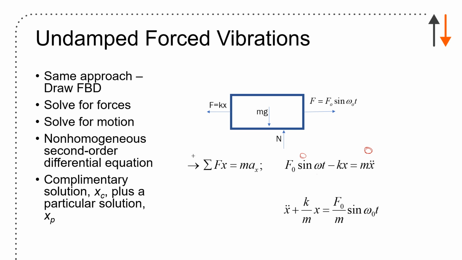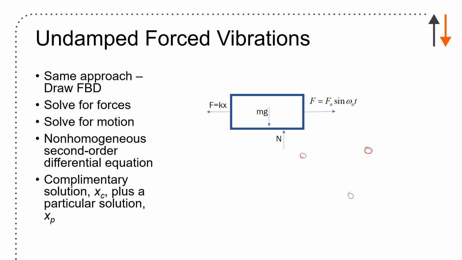And again, if I'd written it on the right line, this is 0. I have x complementary, which is now in terms of the natural frequency, A sine omega n t plus B cos omega n t, and the particular solution is sine omega naught t, because the forcing is sine omega naught t too. Now these are a lot easier because I'm using forcing that is based on sines and cosines.